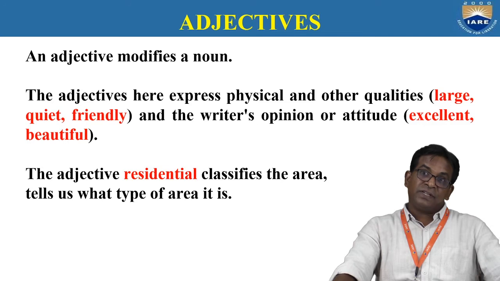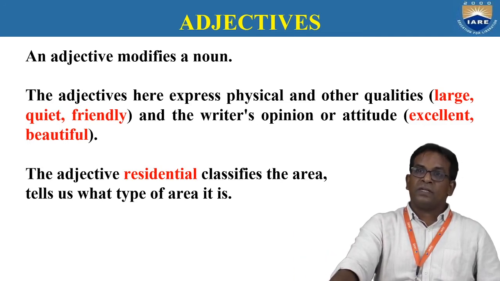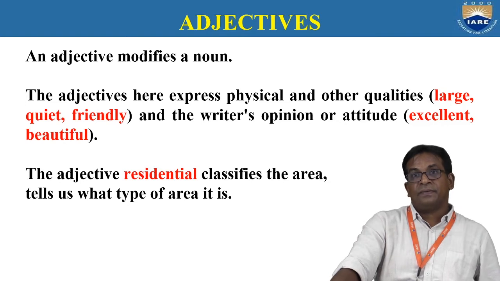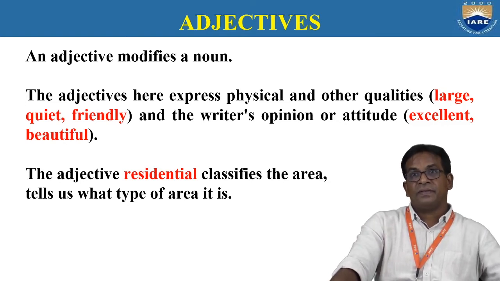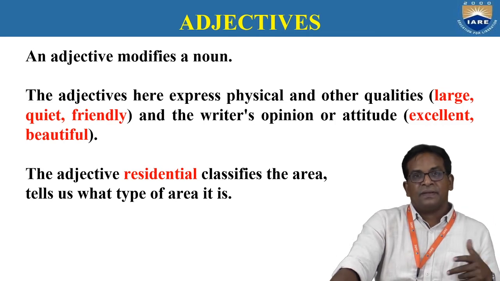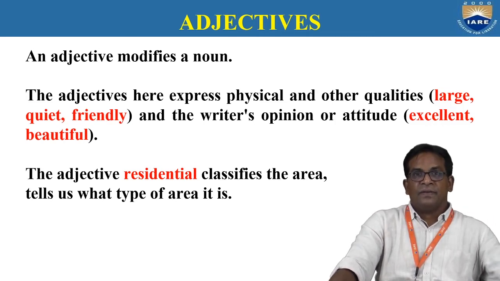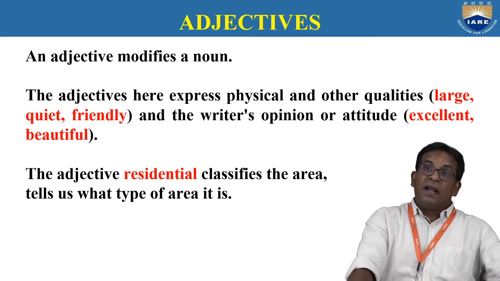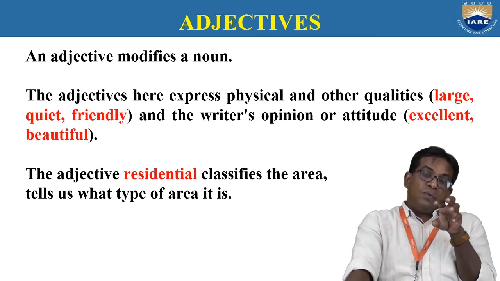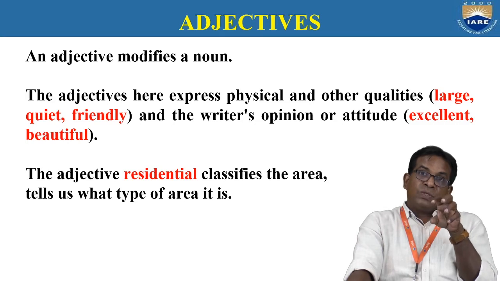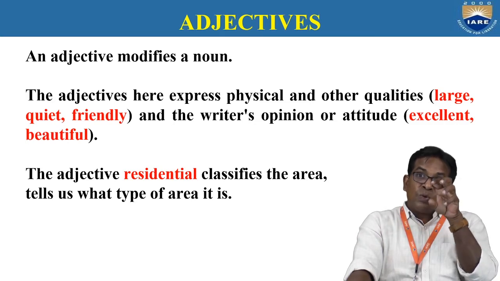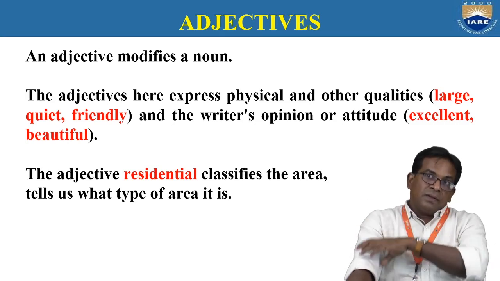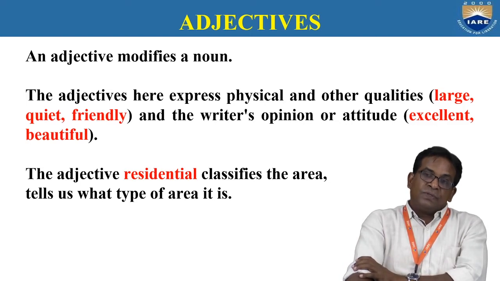The adjective residential classifies the area. It tells us what type of area it is. What type of area? Residential area, commercial area. Okay, so see how adjectives play a crucial role about the nouns.